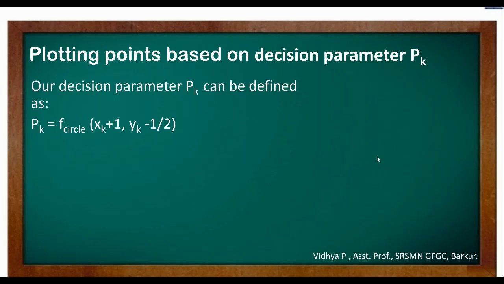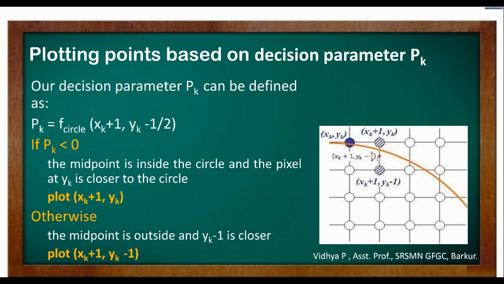The decision parameter pk is defined as f circle of xk plus 1, yk minus half. If this pk is less than 0, then the midpoint is inside the circle and the point xk plus 1, yk is closer to the actual circle, so we plot xk plus 1, yk. Otherwise, we plot xk plus 1, yk minus 1.